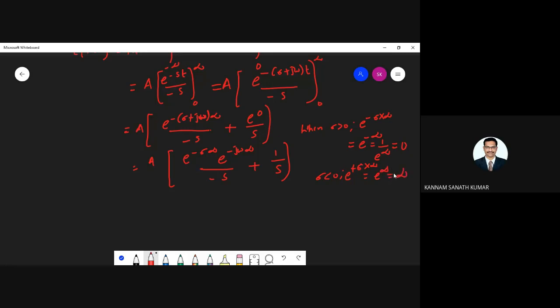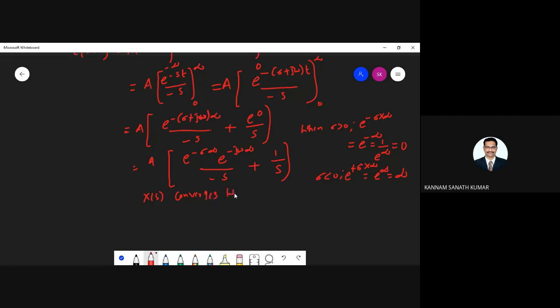So when sigma is greater than 0, the given function is convergent, that means it has a finite value. When sigma is less than 0, the given function has an infinite value. So we can say that X of s converges, which means it is having some finite value.